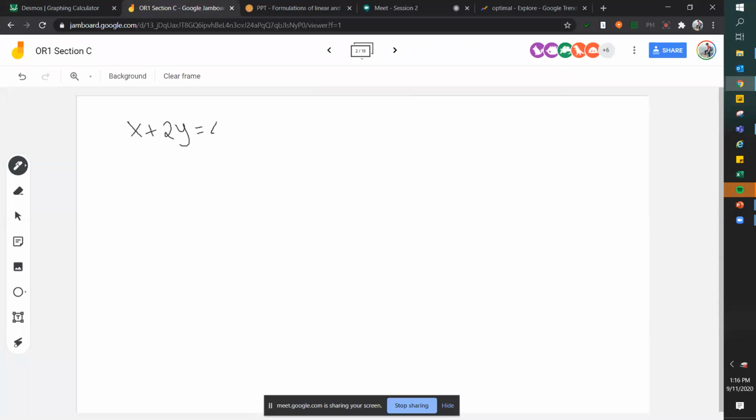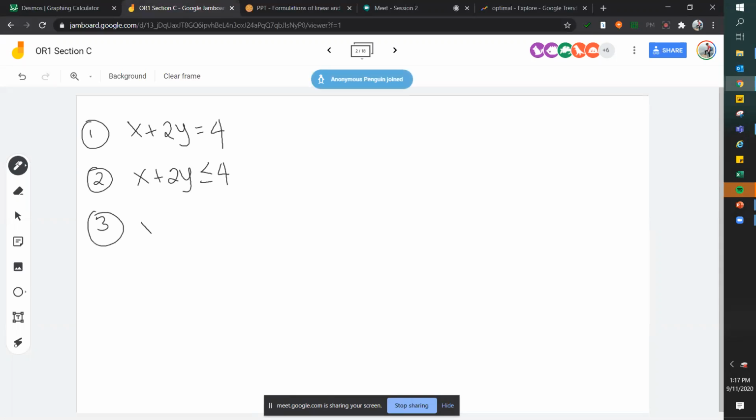Plus 4, halimbawa. So we'll call that equation 1. Another equation is x plus 2y is less than or equal to 4. Another equation, x plus 2y greater than or equal to 4. And last equation, x plus 2y less than 4.